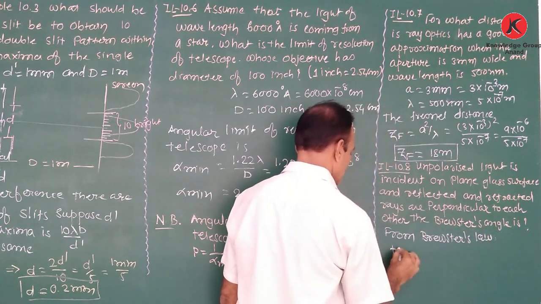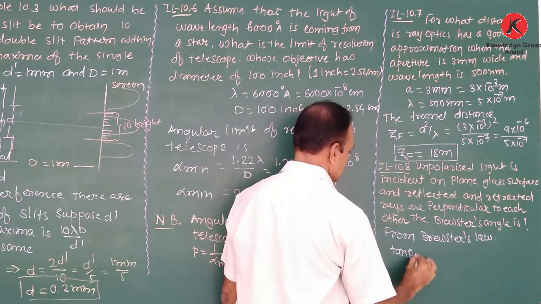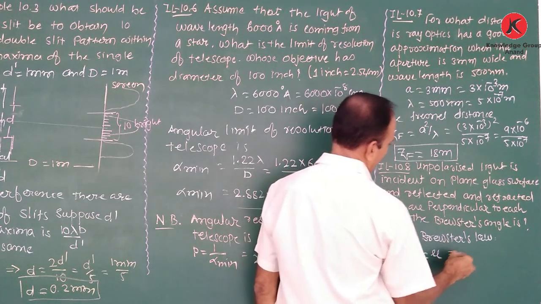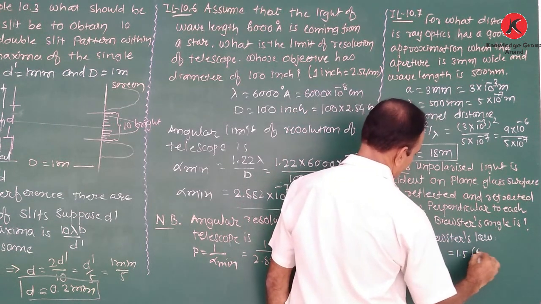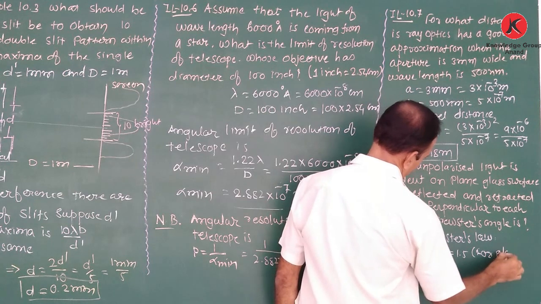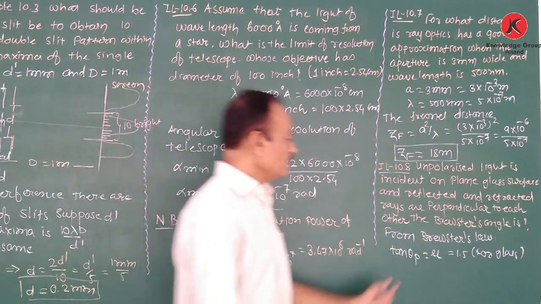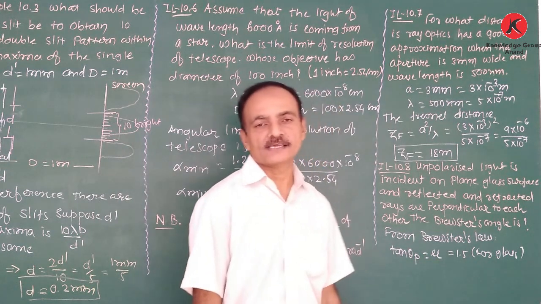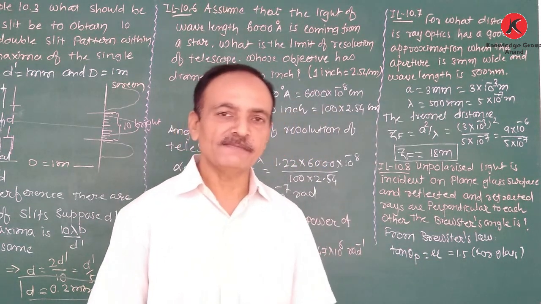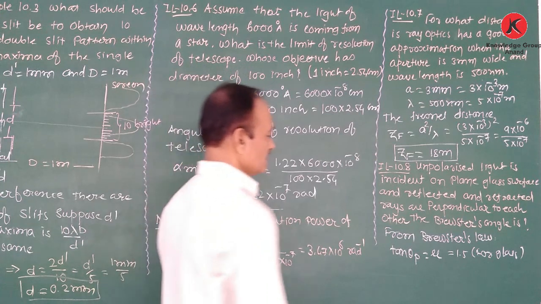Tan theta p is equal to mu. Here 1.5 for glass. Earlier the same numerical. For which angle do we obtain 1.5? 56 degree 19 minute, approximately 57.